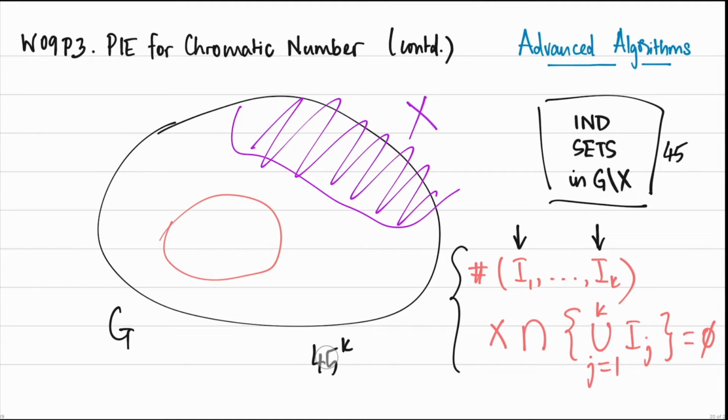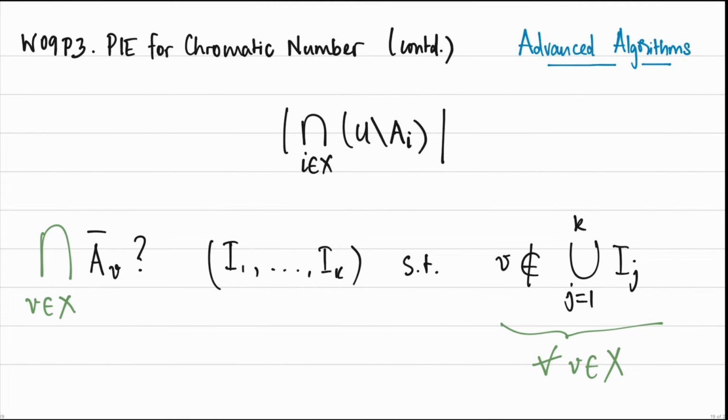So in general, if we use S of G minus X to count the number of independent sets in G minus X, then the answer that we are after is S of G minus X raised to k. That's what we need to plug into this formula, and then of course you do your minus 1 raised to size of X and keep track of the running sum.